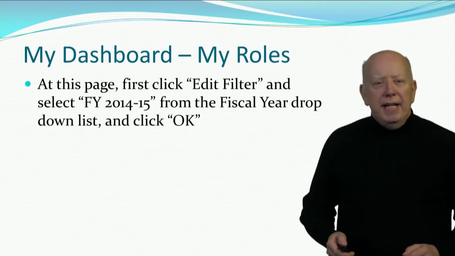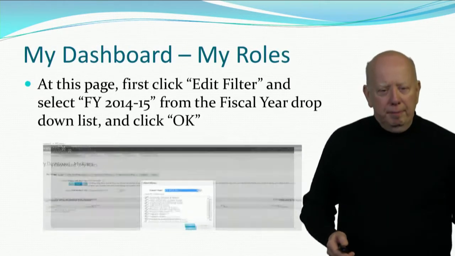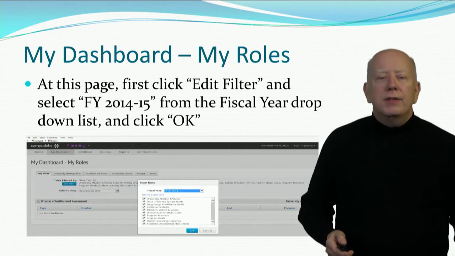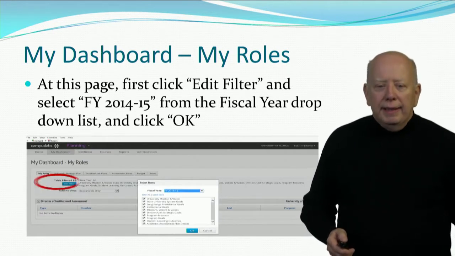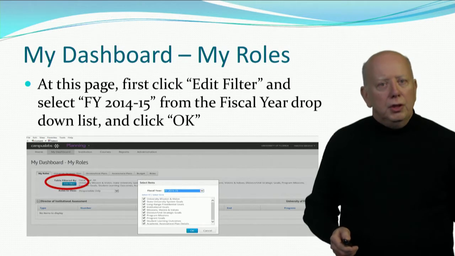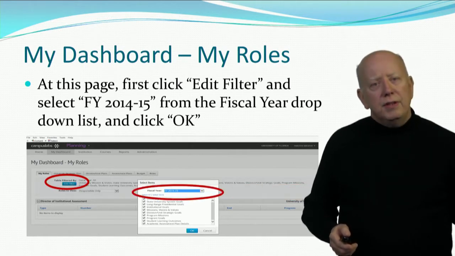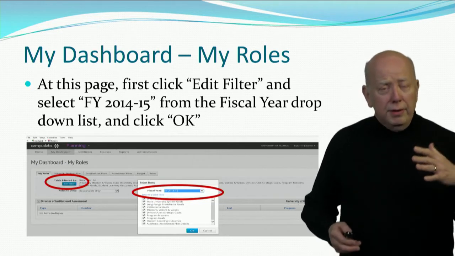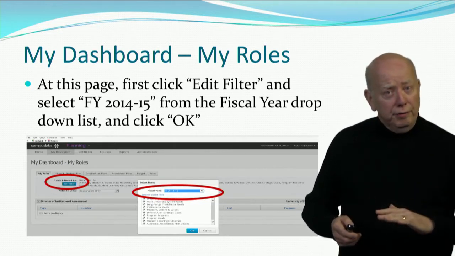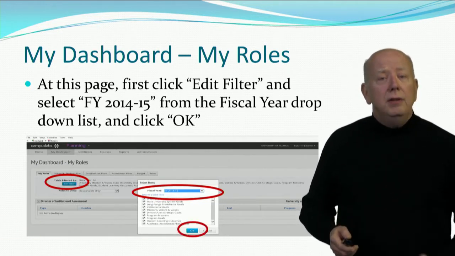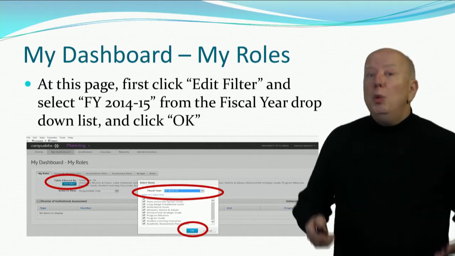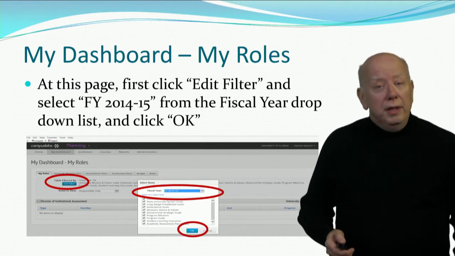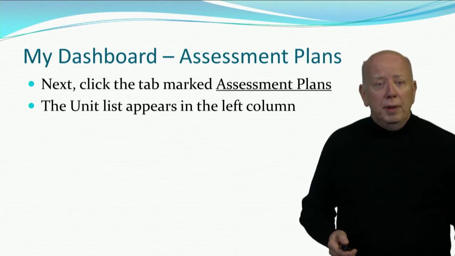When you get to the My Dashboard, My Roles page, which looks like this, you're then going to click Edit Filter. You're going to change the year to fiscal year 2014-15, and that will be a drop-down box that opens. You'll go down and select 2014-15, and the last thing you'll click is OK, and then that will open up the 2014-15 windows for you as we go forward.